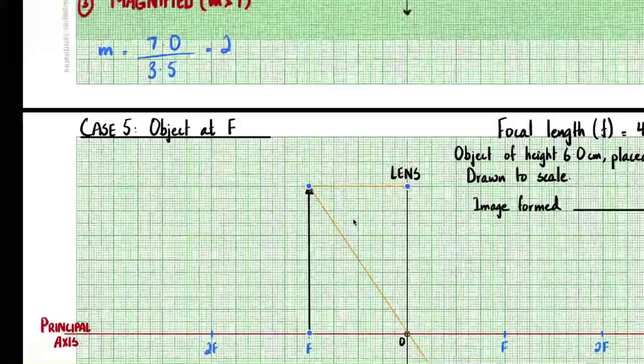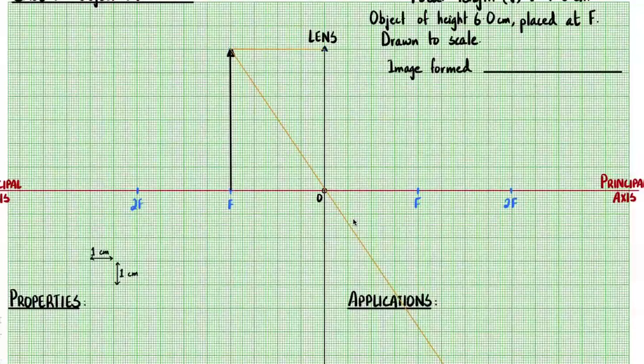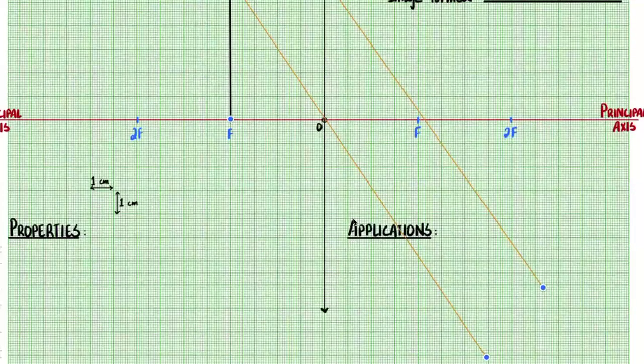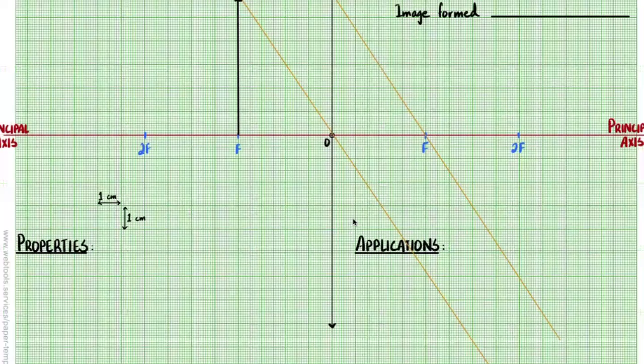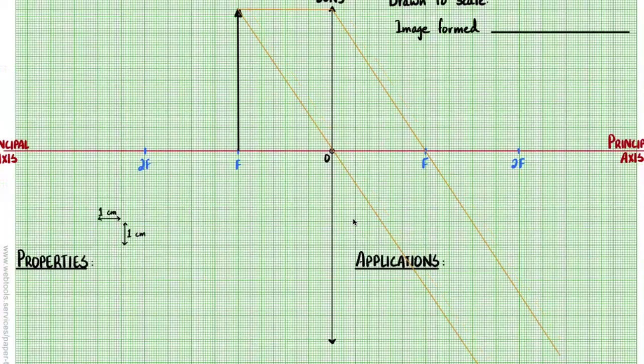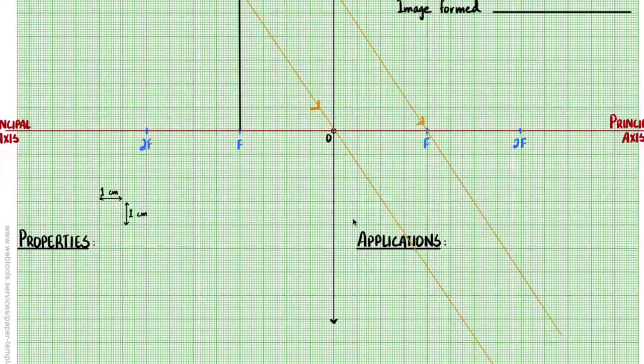So now if I make the other ray here with this ray, this is how these are gonna go. So if you see here, in this case, the rays do not appear to be meeting, right? So they are parallel, so they do not meet.